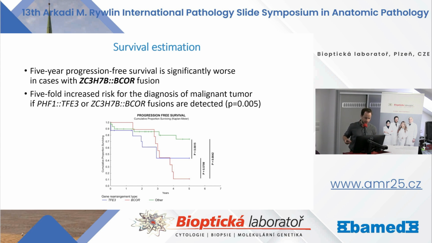There was also a trend for the TFE3 tumors to have a worse prognosis, but it wasn't statistically significant based on our data. I think it's just lack of data. There was also a 5-fold increased risk for the histological diagnosis of malignant OFMT in these B-core and TFE3 fusions.